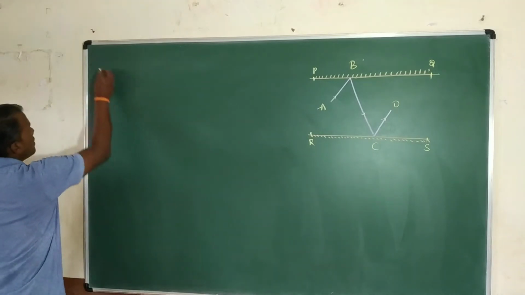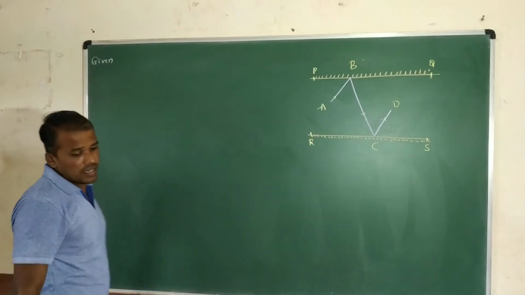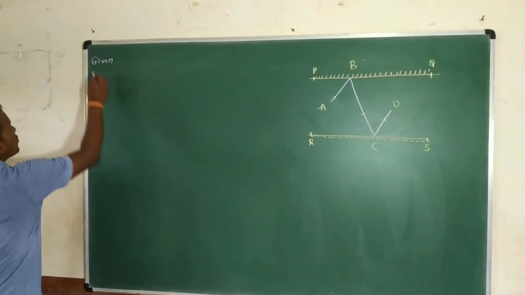Observe. First, the given conditions are right here. This is question number 6, the sixth question.